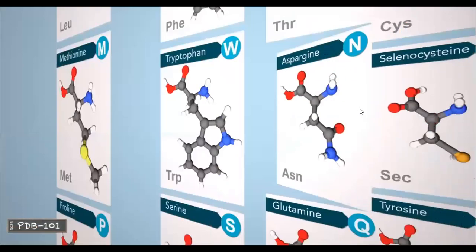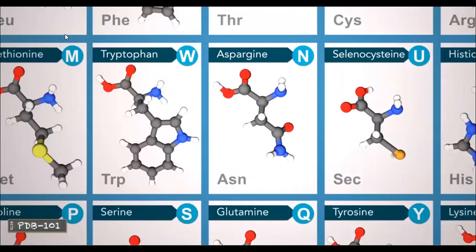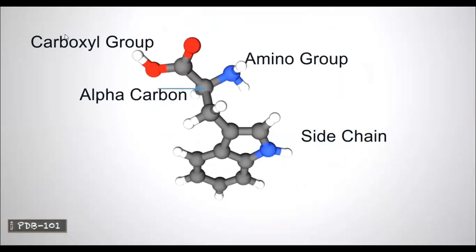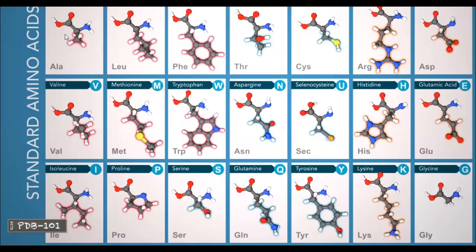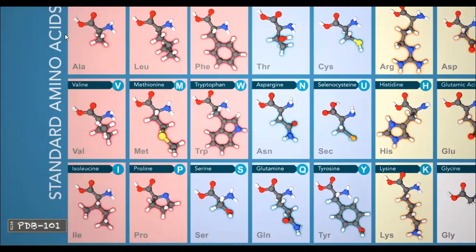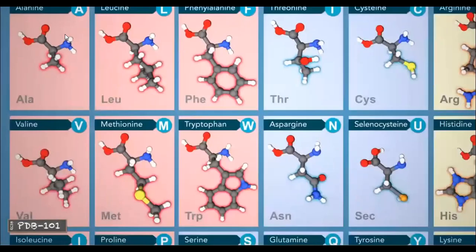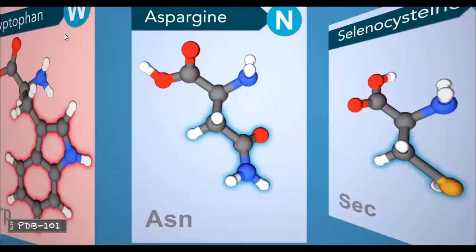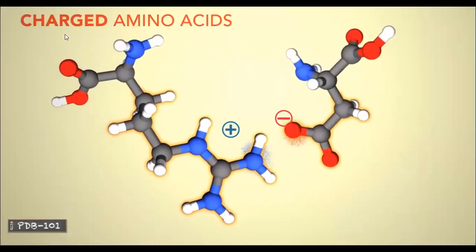Sulfur atoms. Selenocysteine is the only standard amino acid that contains a selenium atom. These atoms form an amino group, a carboxyl group, and a side chain, all attached to a central carbon atom. The side chain determines an amino acid's properties and is the only part that varies from amino acid to amino acid. Hydrophobic amino acids have carbon-rich side chains, which don't interact well with water. Hydrophilic, or polar, amino acids interact well with water. Charged amino acids interact with oppositely charged amino acids or with other molecules.